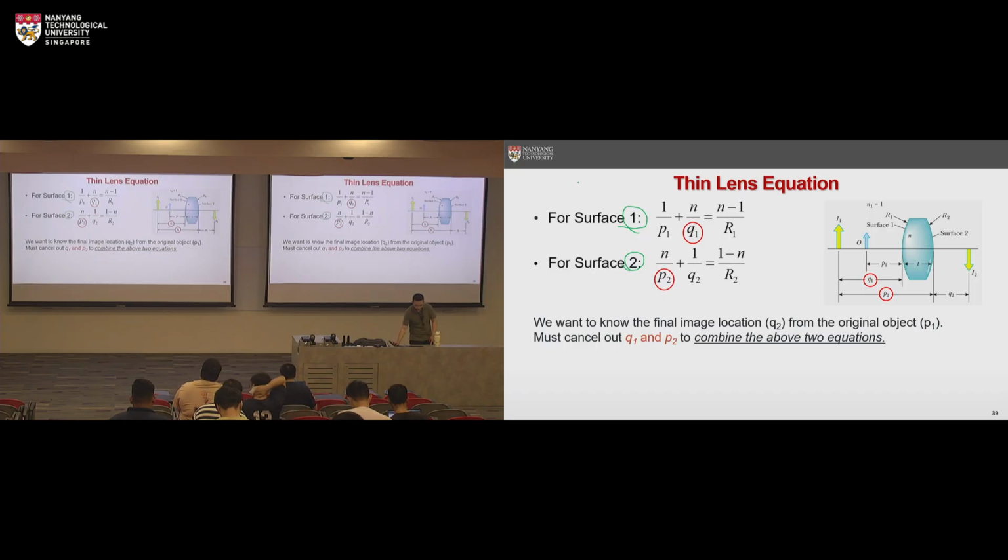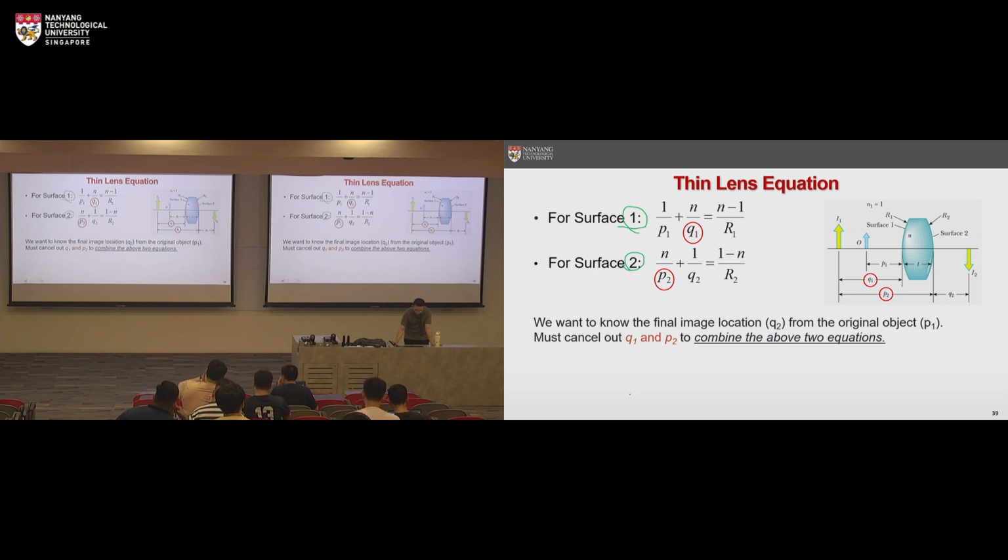And now if we take another very big assumption, we assume that the lens is so thin that there's no thickness. What does it mean? It actually means that your refractive index is not important, right?